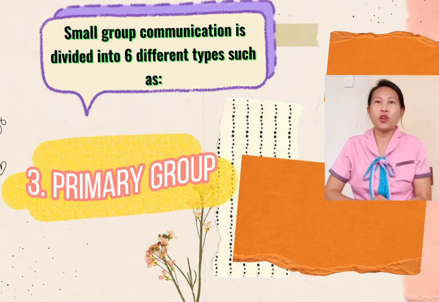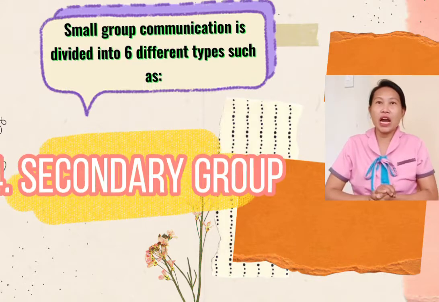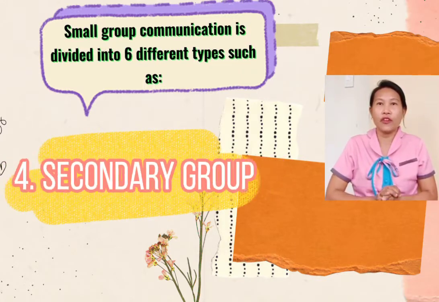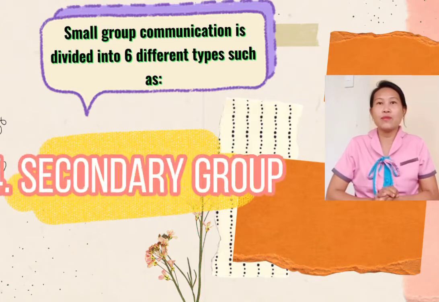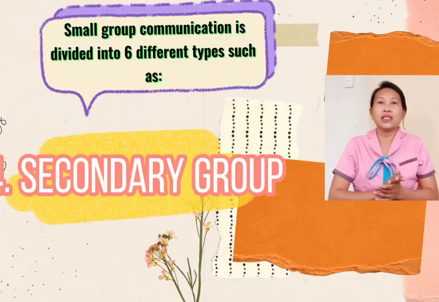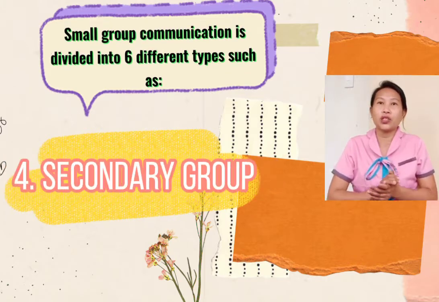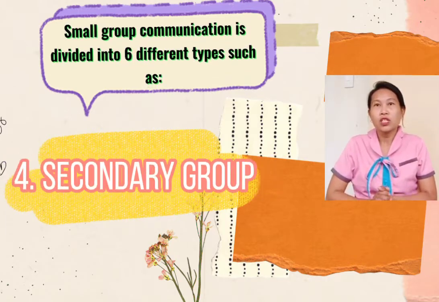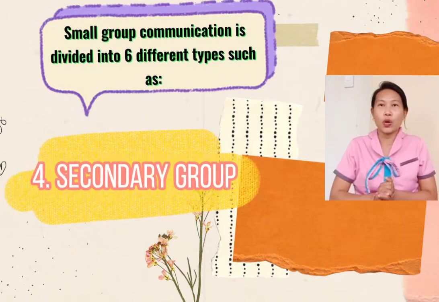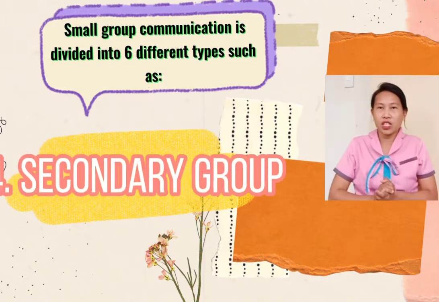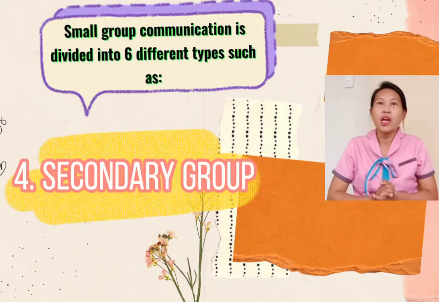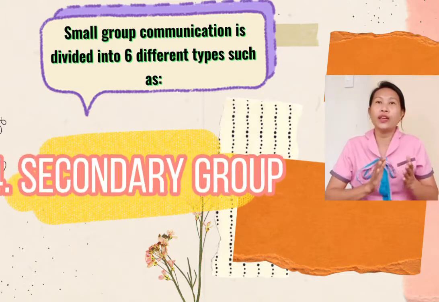The fourth type of group is the secondary group, which is characterized by less frequent face-to-face interactions, less emotional and relational communication, and more task-related communication than primary groups. While we are more likely to participate in secondary groups based on self-interest, our primary group interactions are often more reciprocal and other-oriented.